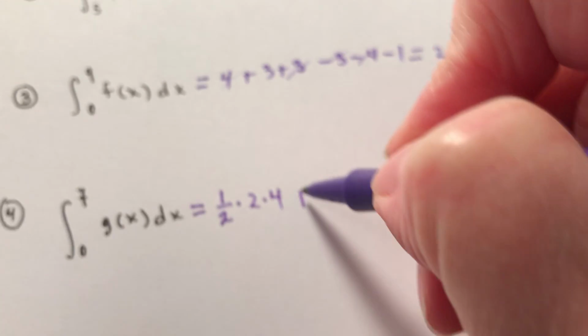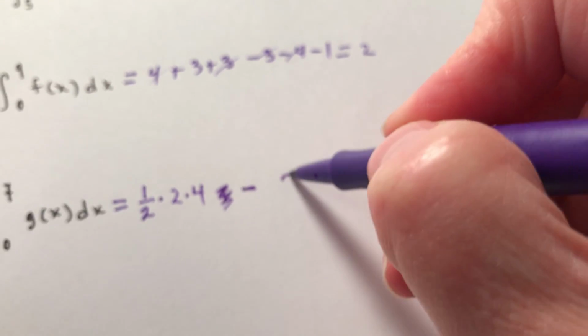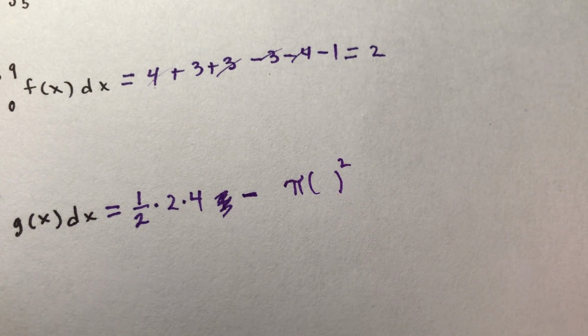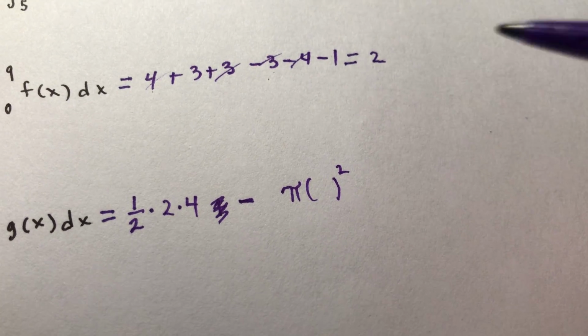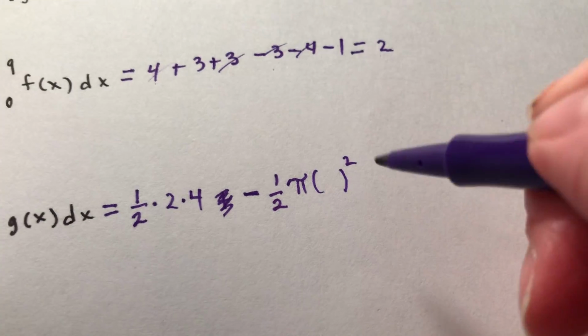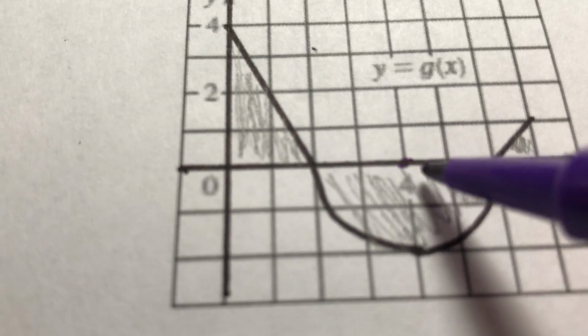And now I have to subtract because this is below the axis. And this is a semicircle, so pi r squared is a circle, and a semicircle is going to be 1/2 pi r squared. And my radius, if I look at this, radius is from here out, so that's 2.